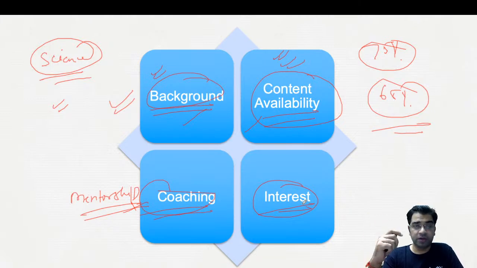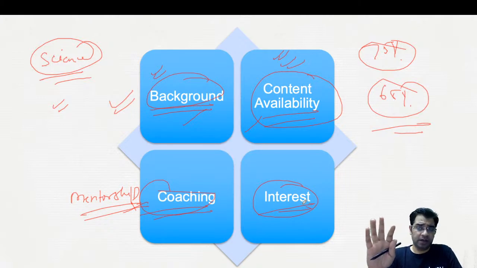I don't have a background in philosophy, so there is no one who can mentor me, there is no proper coaching available, there is no test series available. And ultimately what happens, after spending 3-4 attempts, I am now looking for another optional in which good coaching is available, notes are available in the market, and my background also matches. So this is usually the failure on the part of the aspirant while selecting an optional.